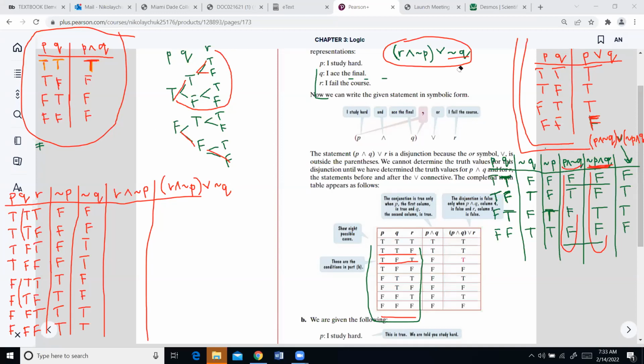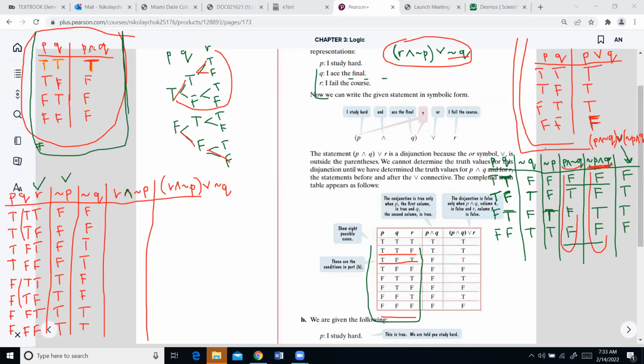So the correct places now will be 2 columns: the column with R, and the column with not P. We're also using the definition of and, which is conjunction.